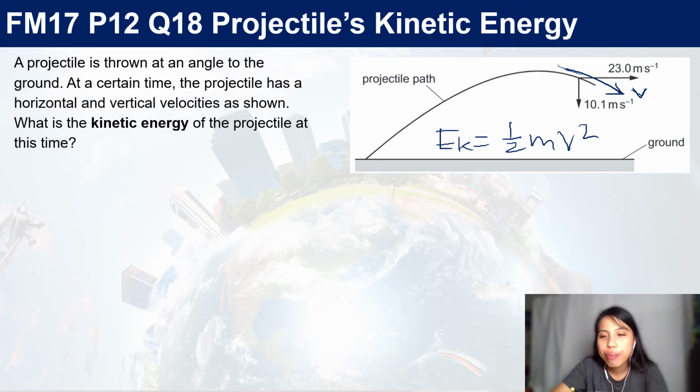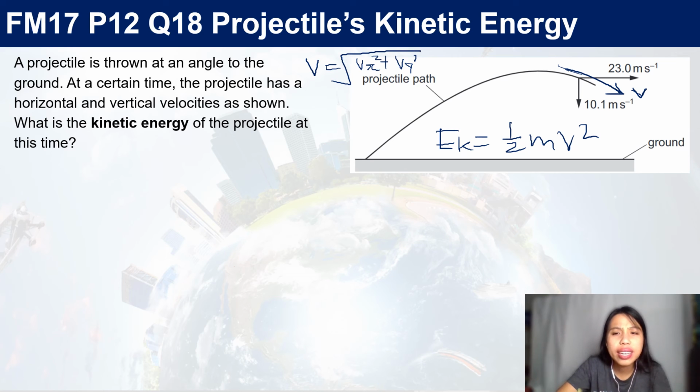Okay, revision time. If you have the X and Y component, your V, let's write it up here. V is the square root of Vx squared plus Vy squared. Why is there a square root? Because if I redraw this, I'm going to have a vertical down by 10.1 and then to the right of 23.0.